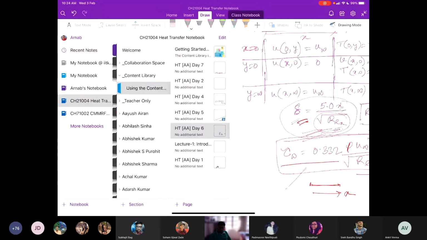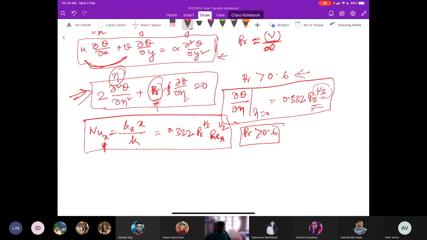Similarly, for the thermal boundary layer, we see that the Nusselt number has the same coefficients and similar parameters.